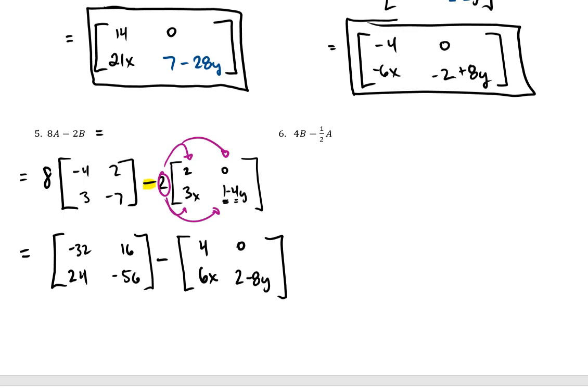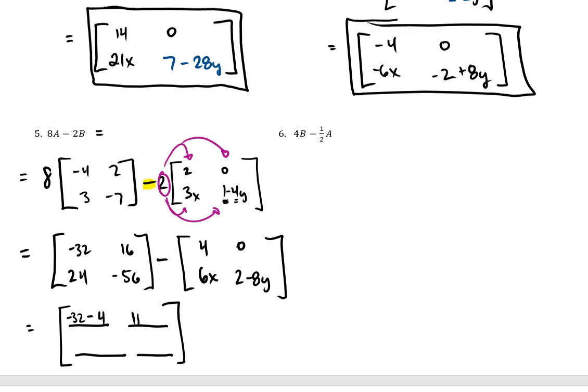Okay, so this involves back to subtracting matrices. Remember, when we subtract matrices, we are going to subtract the corresponding elements. So each of these are a 2 by 2 matrix. So what we'll do is set it up. Okay, so I've got my 4 spaces ready, and then we'll do negative 32 minus 4.